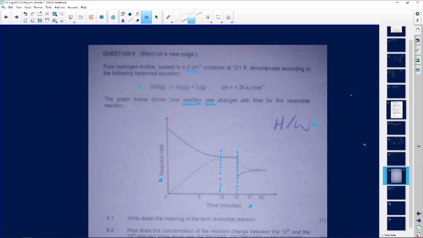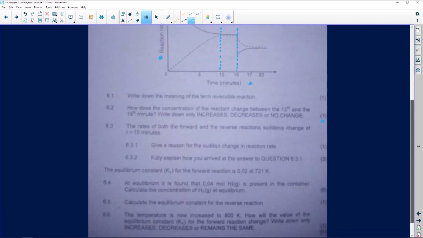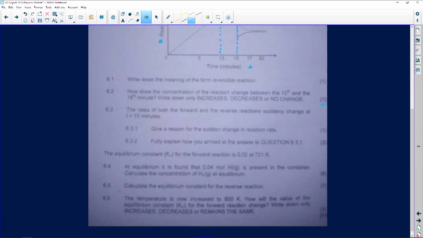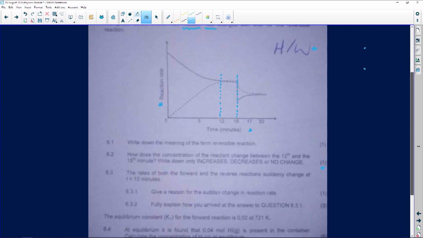Let's look at another question. It says now 6.3, the rate of both the forward and reverse reaction suddenly change at 15 minutes. Before we answer, I want us to analyze. I can see that the solid line comes up to 15 minutes here, and it drops down and then gradually starts increasing, where the dotted line comes up to 15 minutes and then gradually starts decreasing.